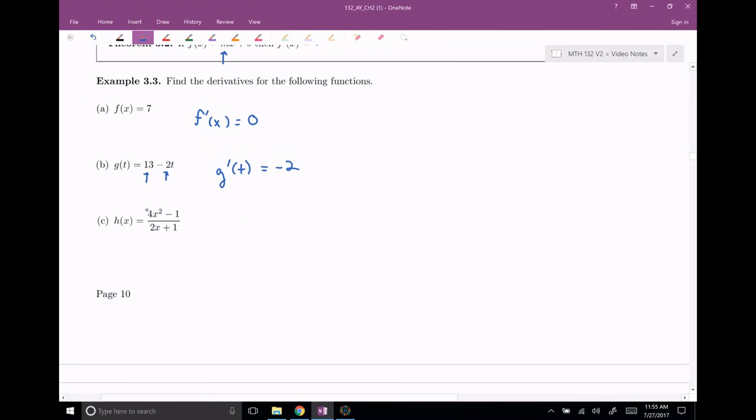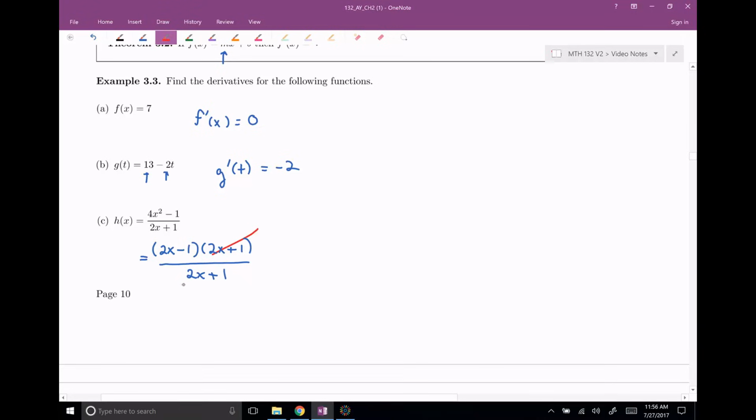Here's one that's a little bit more difficult. Sometimes you have functions that look complicated, but actually we can simplify these things down. In this case, if we first do a little bit of algebra, this numerator up here can actually be factored. It's a difference of squares problem. So it can be 2x minus 1 times 2x plus 1. Go ahead and FOIL this all out and make sure that you get back to where you started. All this divided by 2x plus 1.